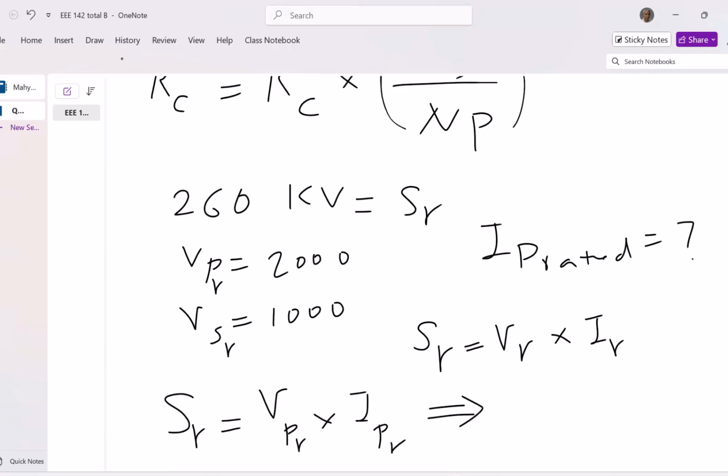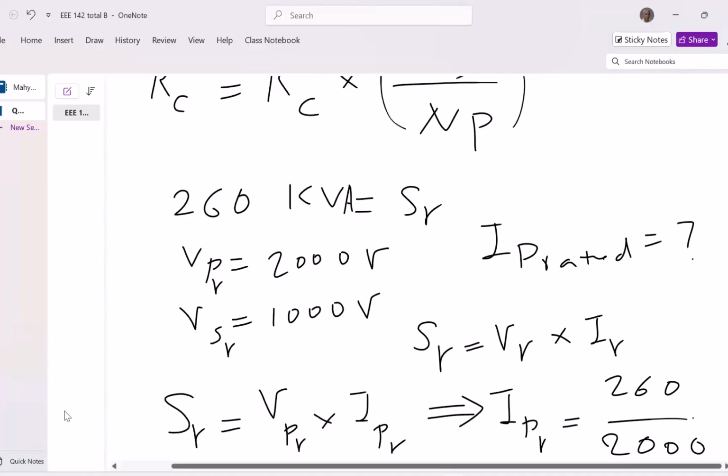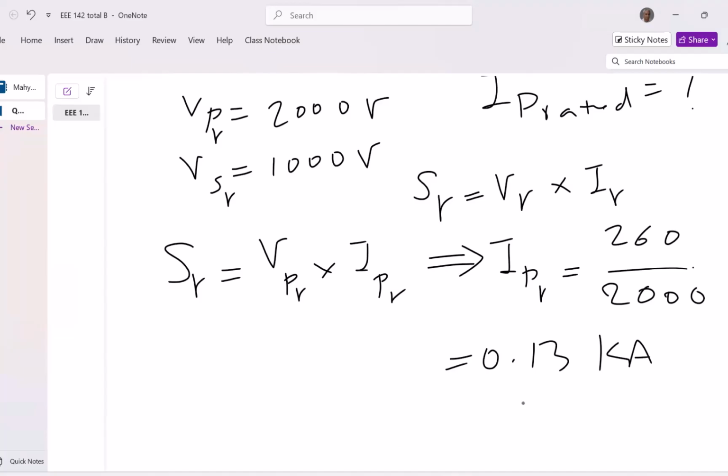From here, you can find I primary rated to be equal to S rated, which is 260 kVA, over 2000 volts. This is kVA, S should be kVA, not K. And since this is volts, you should not forget this becomes kiloamps. Whatever you get is in kiloamps. So this would be the rated current on the primary.